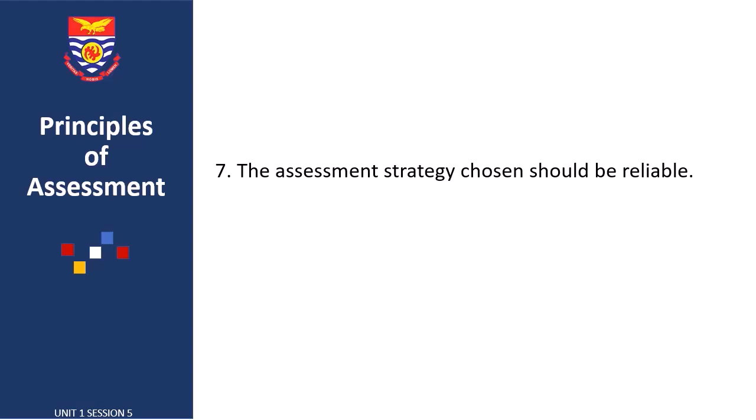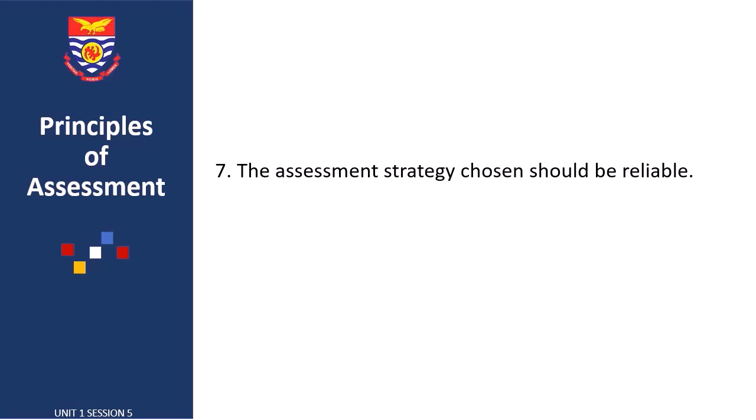Okay, the next one, point 7, is that the assessment strategy you choose should be reliable. If you talk about validity, I'm also talking about reliability. These two will be dealt with in the subsequent section. When do we say assessment should be reliable? Assessment should yield the same result when taken at different times by the same group of students. We talk more in week 2 about reliability and validity.